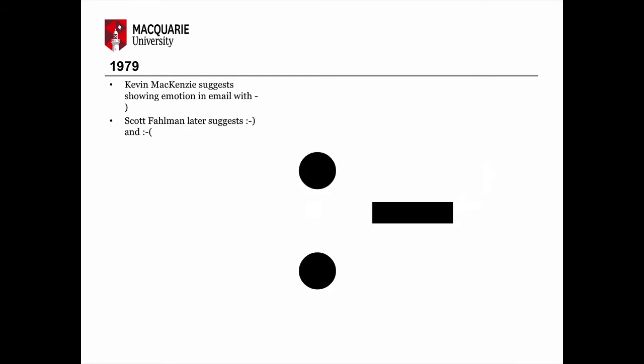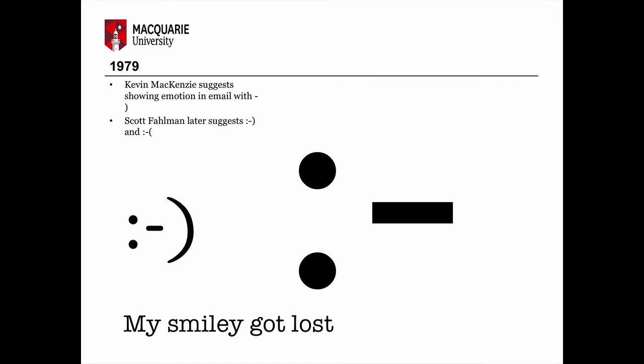In 1979, we get another momentous bit of creativity when Kevin McKenzie suggests that in order to show emotion in email, this new text-based medium that people were discovering, they end an email with the minus bracket sign there as a sort of smile, and then Scott Fahlman suggests the colon to add some eyes into that, and a smile and a frown, and we get the beginnings of the smiley and the first emoticon.